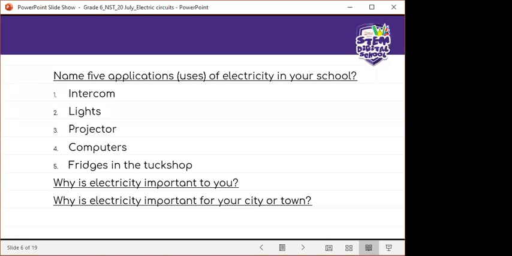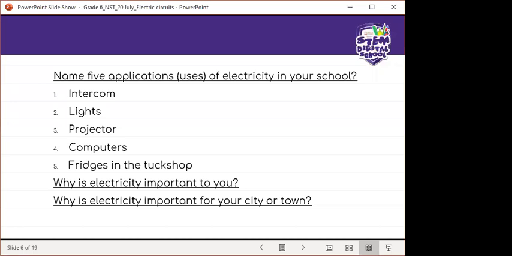Right, so when we think about going to the shops, they also require electricity for their business processes, right? So the shops as well, they need electricity, and that is why electricity is important for our city and towns. If we think about while traveling on the road, right, the robots, they control traffic, okay?